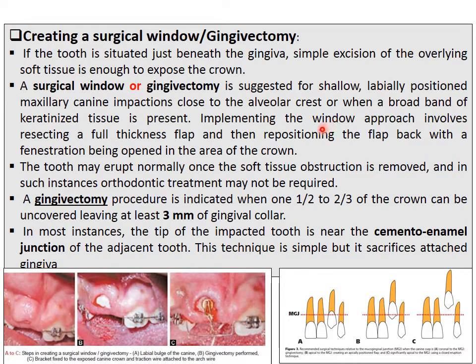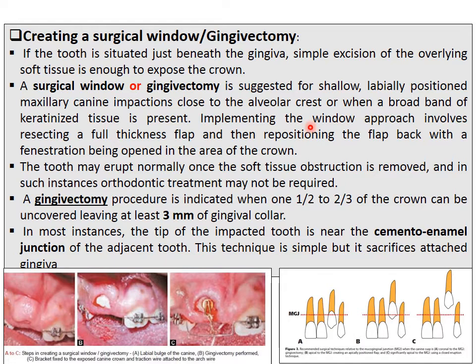The tooth may erupt normally once the obstructing soft tissue is removed. Most of the time, just by removing the obstructing soft tissue, eruption occurs. But sometimes orthodontic treatment may or may not be required, depending on the case and the clinical follow-up.